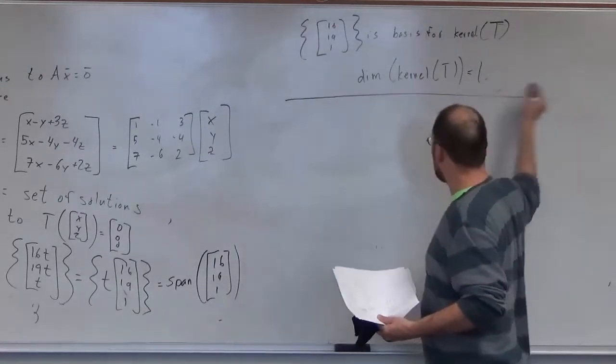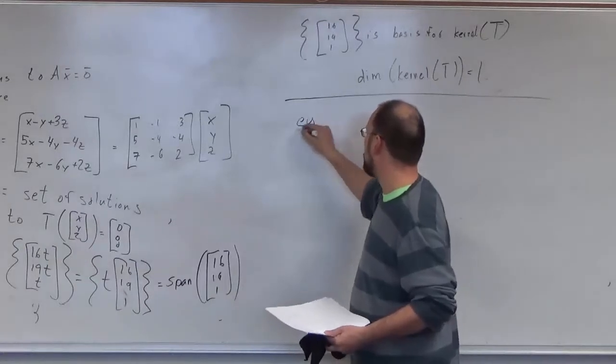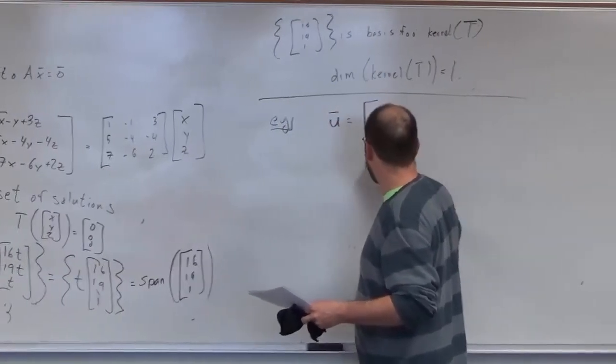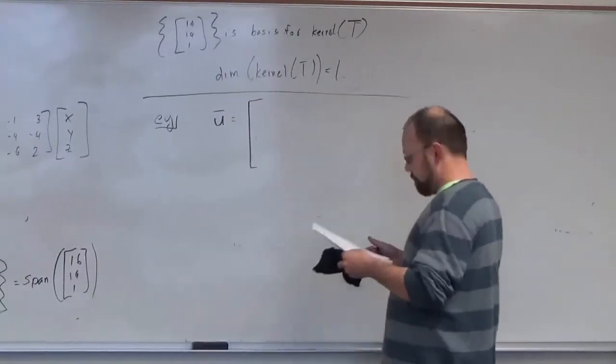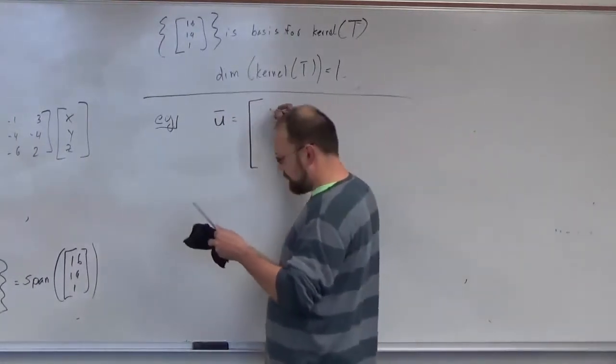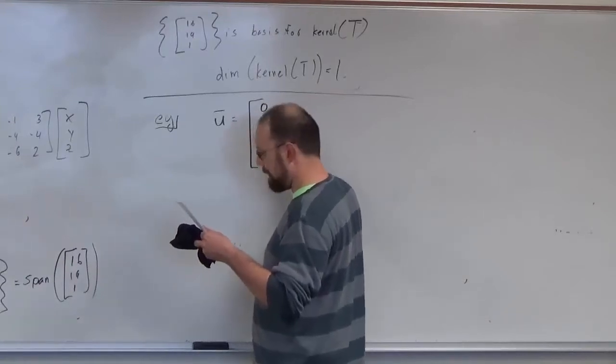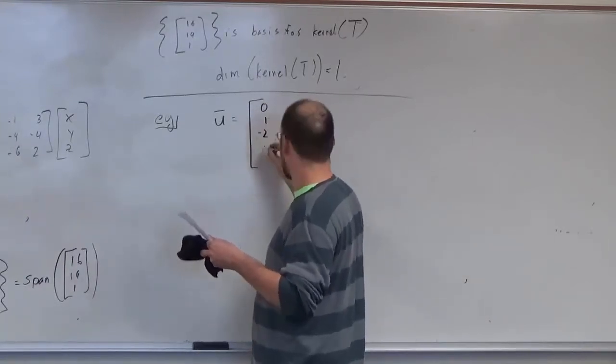So, in your homework, it would be something like: let's do an example. U is a 5 by 1 matrix, i.e. a column vector, right?